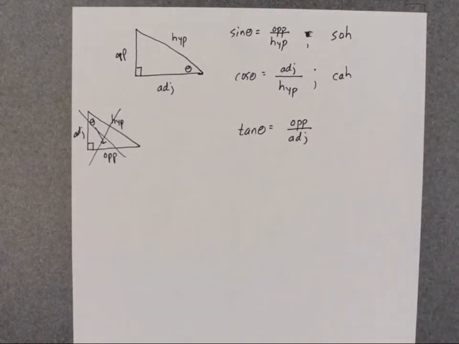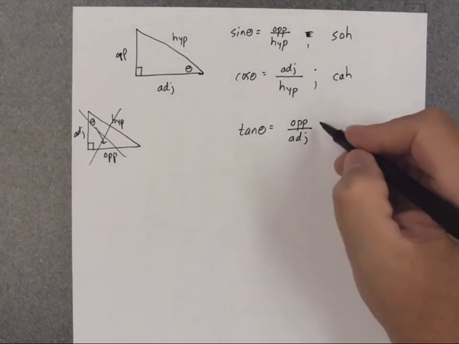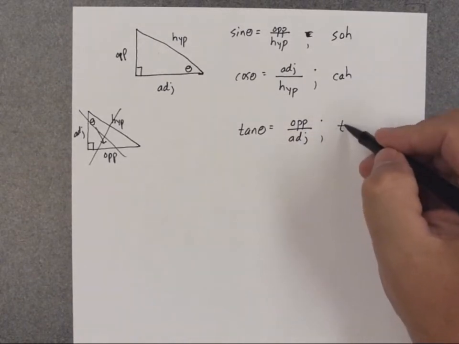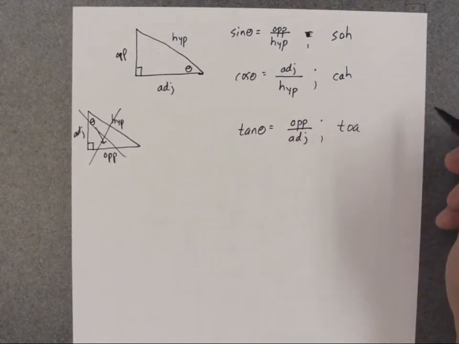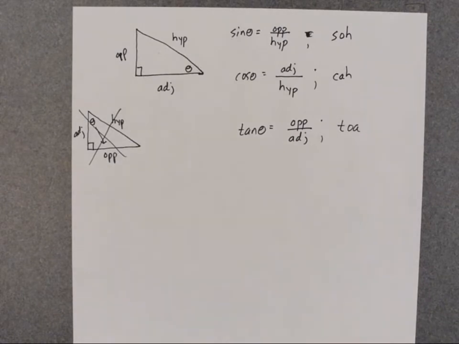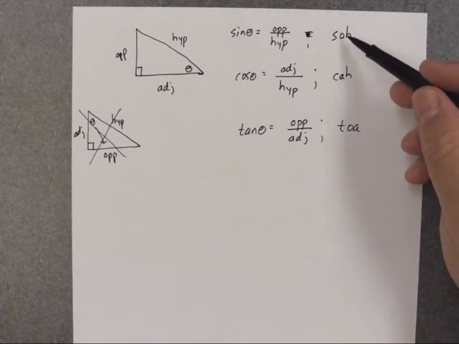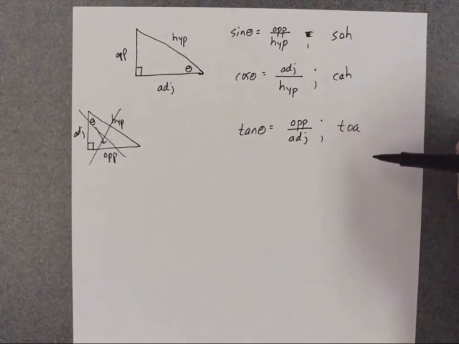Cosine equals adjacent over hypotenuse. And for the tangent, since it's opposite over adjacent, most of us just pronounce it TOA. Tangent equals opposite over adjacent. So most trig students, one of the first things they do is memorize this little phrase, SOH CAH TOA. If you memorize that, whenever you need to remember what the sine, cosine, or tangent is for a right triangle, you know right away.